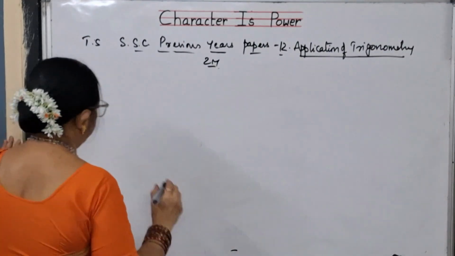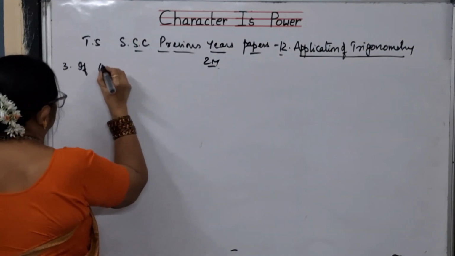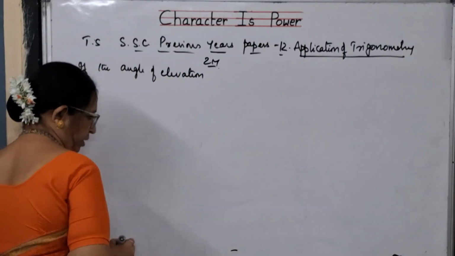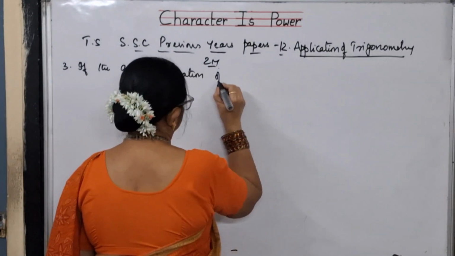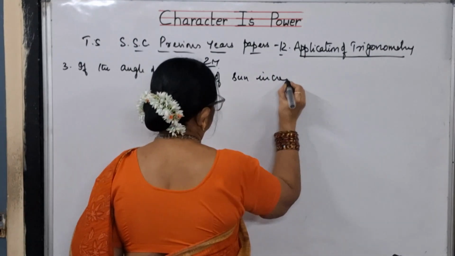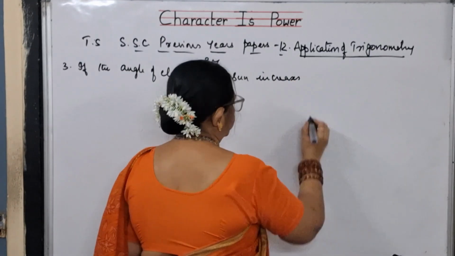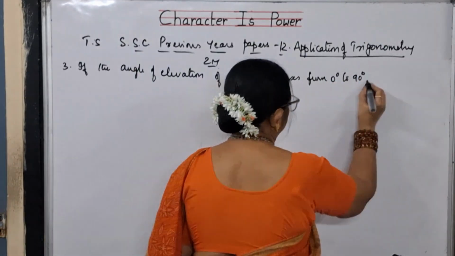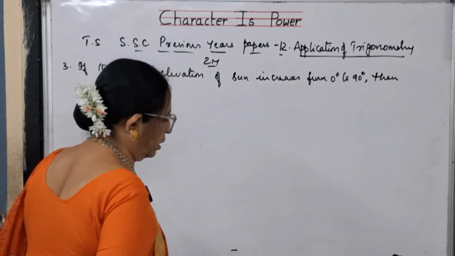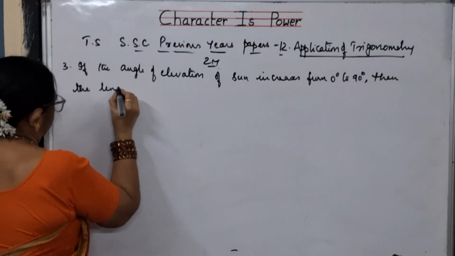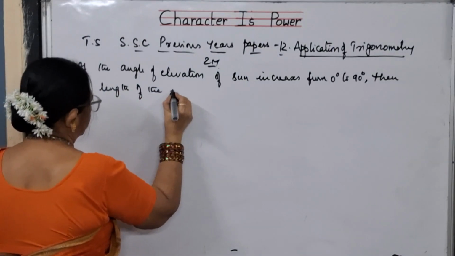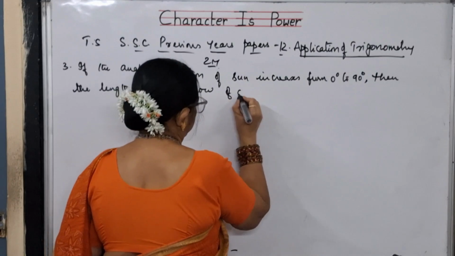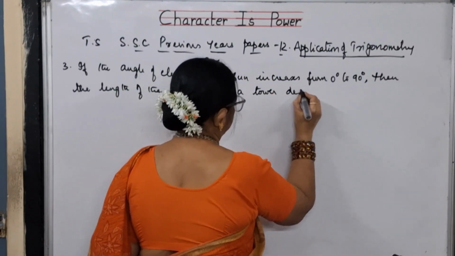If the angle of elevation of the sun increases from 0 degrees to 90 degrees, then the length of the shadow of a tower decreases.